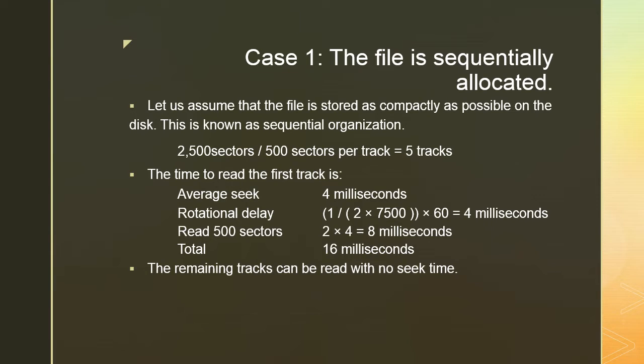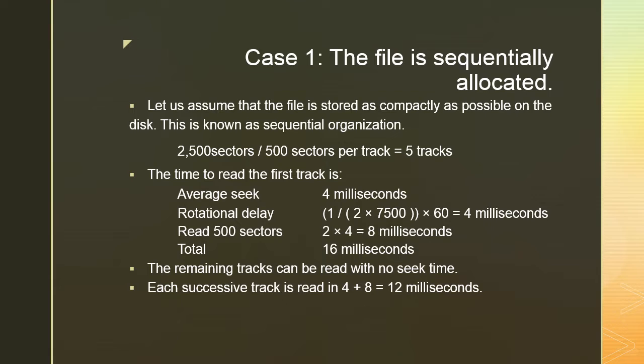Once the first track comes under the head, the remaining tracks can be read with essentially no seek time. Then at most we need to deal with rotational delay for each succeeding track. Thus each successive track is read in 4 plus 8 equals 12 milliseconds.